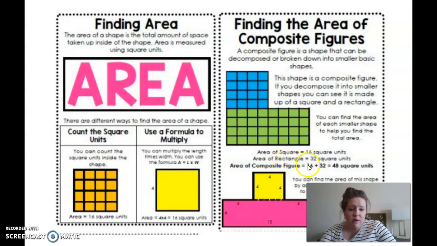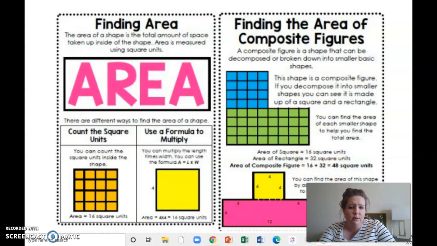The area of the rectangle equals 32 square units. 1, 2, 3, 4, 5, 6, 7, 8, 9, 10, 11, 12, 13, 14, 15, 16, 17, 18, 19, 20, 21, 22, 23, 24, 25, 26, 27, 28, 29, 30, 31, 32. Okay, so this is 16 square units plus 32 square units.